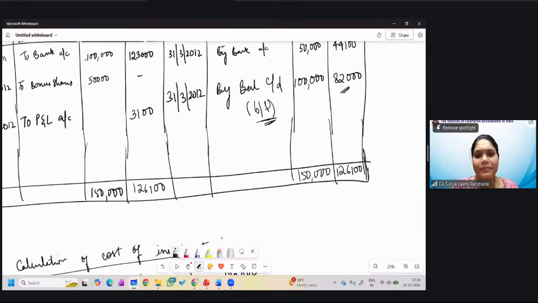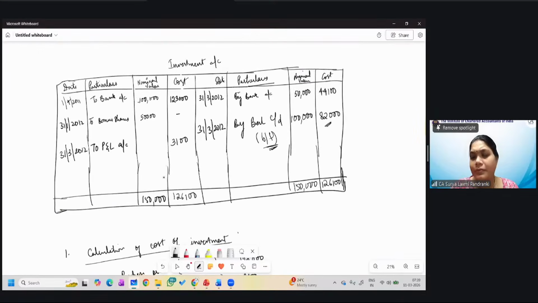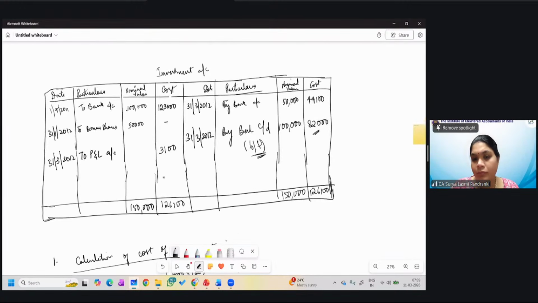Ma'am, hello, I have a question. Rather than taking the balancing figure, we made a working note for the calculation of average cost for the balancing figure, which is balance carried down, the 1 lakh 82,000 part. So if we take the balancing figure, that would also work in the calculation, right? It will be the same in case you are having cost as lower. In your cost or fair value, whichever is lower, if your cost is lower, your balancing figure and this cost will be the same.